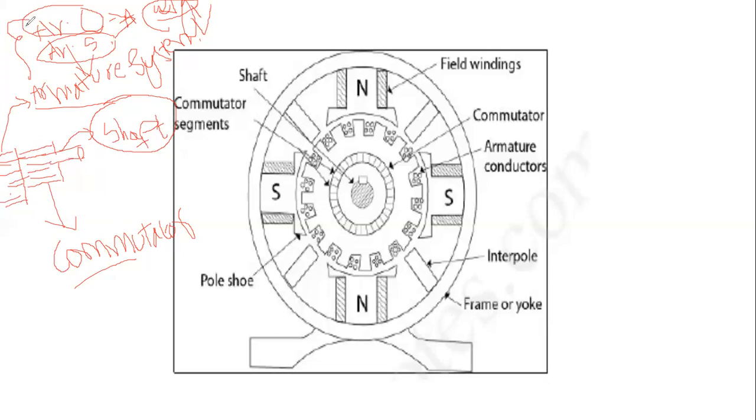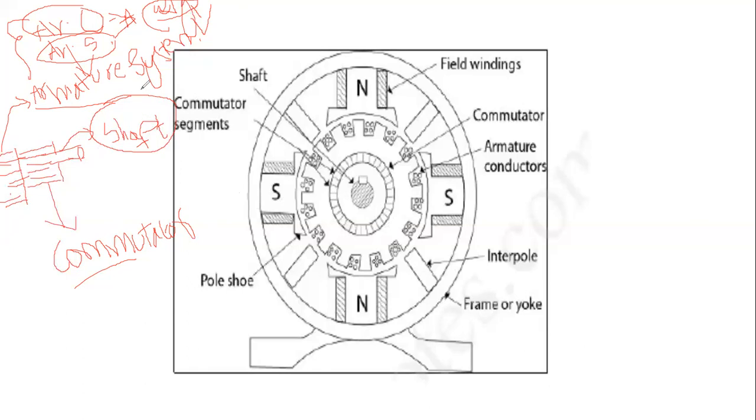When the shaft is rotated, the commutator and the armature system are automatically rotated. Therefore, the rotating parts in a DC machine are the shaft, armature and commutator systems.